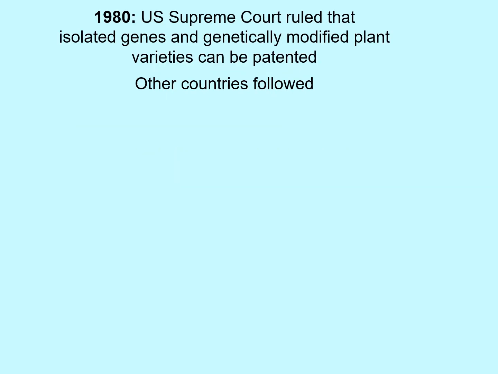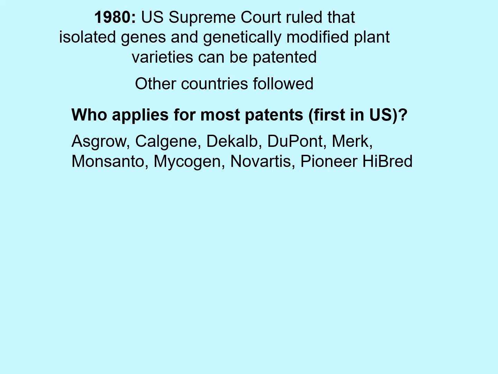In 1980, the U.S. Supreme Court ruled that isolated genes and genetically modified plant varieties can be patented, and other countries followed suit. Now this is a bit out of date, this list, but who applies for the most patents? It's petrochemical companies for the most part.